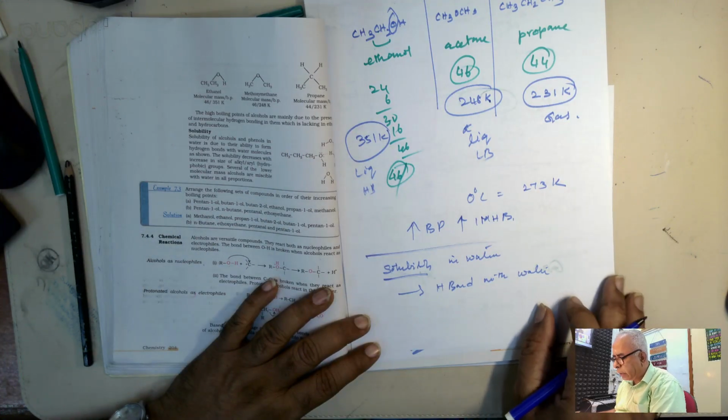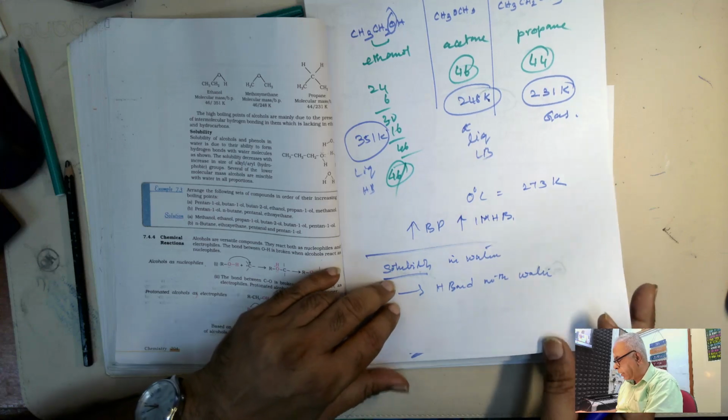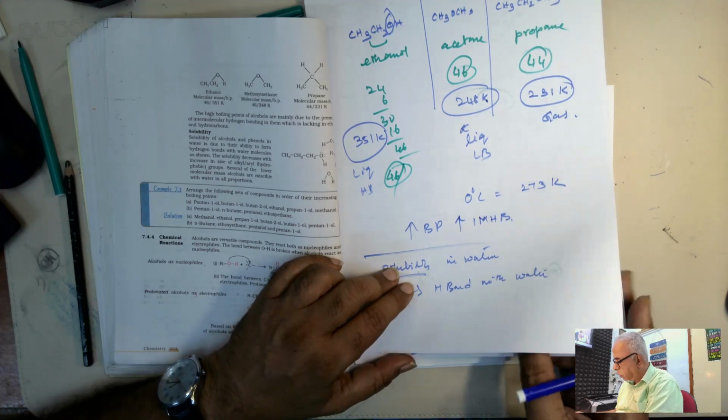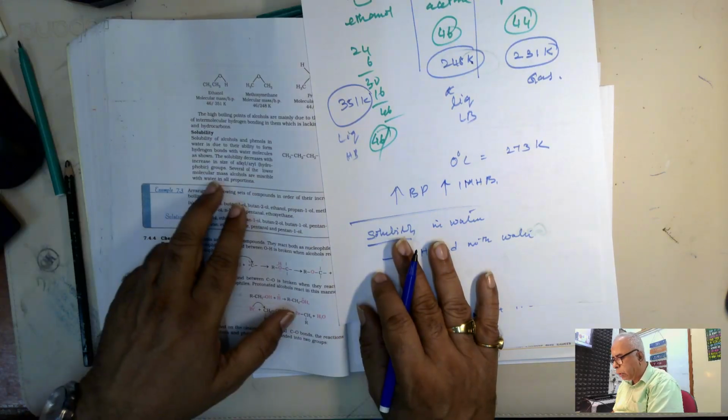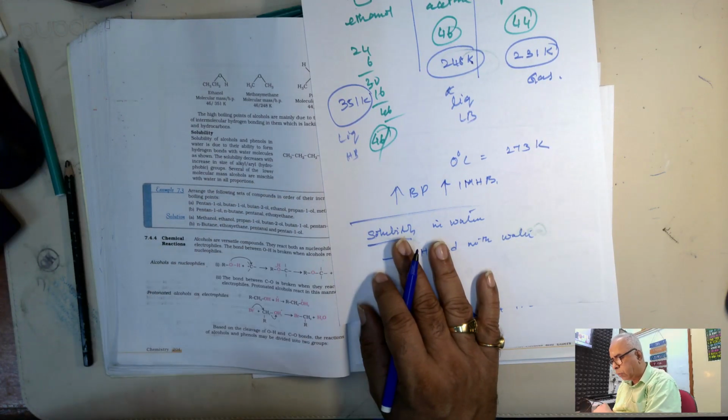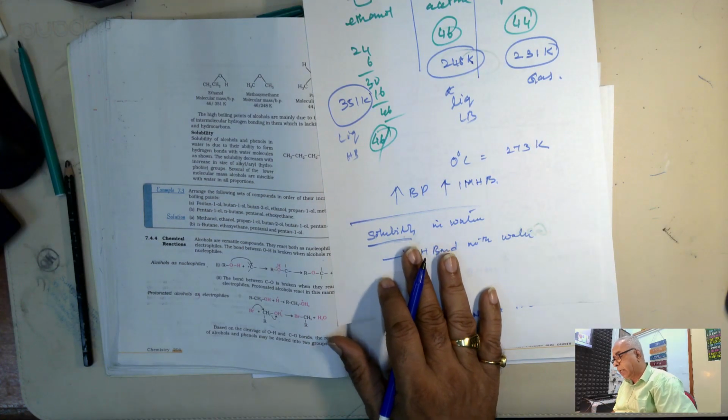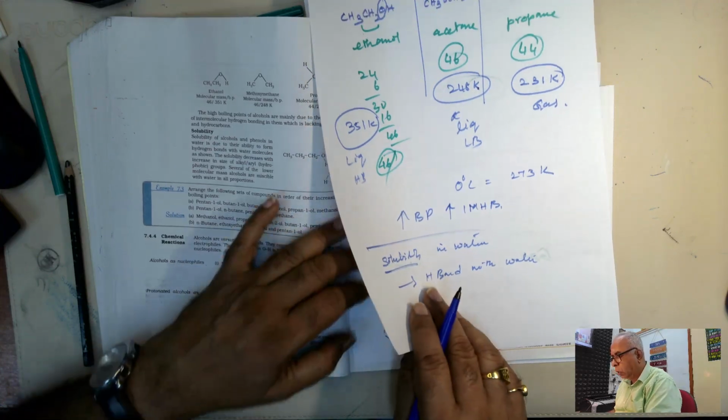That is why an increase in carbon decreases the water solubility. Are you able to follow? That is why low molecular mass alcohols are miscible with water in all proportions, whereas higher molecular weight alcohols are less soluble in water.